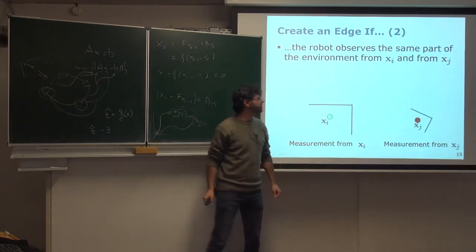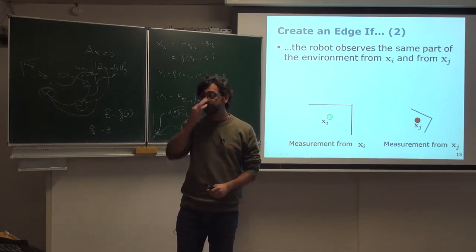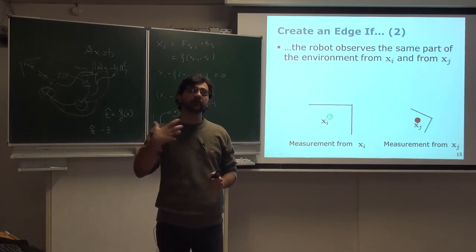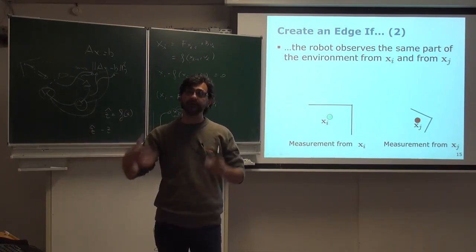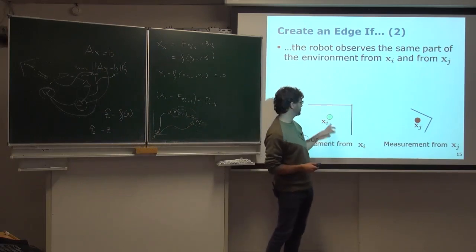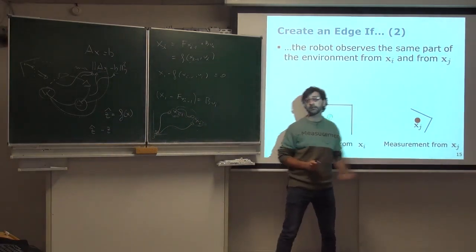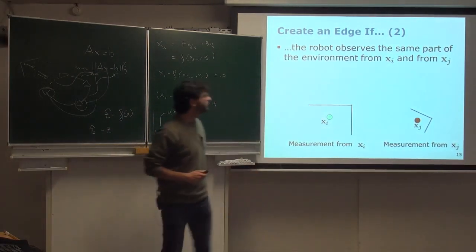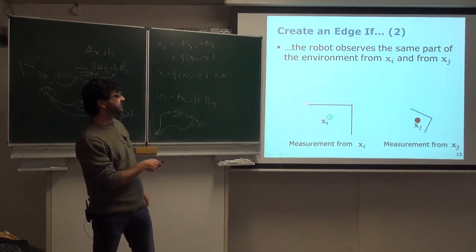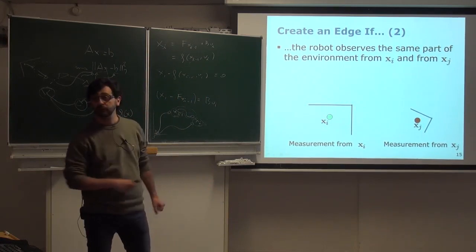The second type of measurement comes from data association. And as I said before, it's the type of measurement where the robot sees the same thing in the environment, aligns them together, and we get a transformation between xi and xj. In here, we can imagine that the robot at xi has this observation from the sensor, so it sees a corner of the wall.